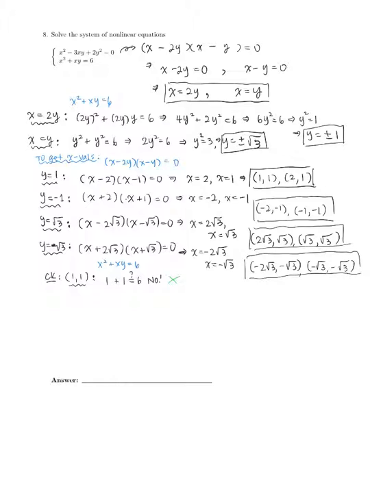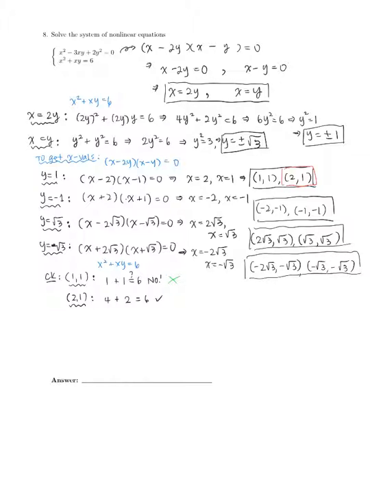Okay, now let's check 2 comma 1. So now x squared, is it 4 plus 2 times 1, which is 2, equal to 6? Yes. So it looks like 2 comma 1 is going to be one of the solutions I should say.